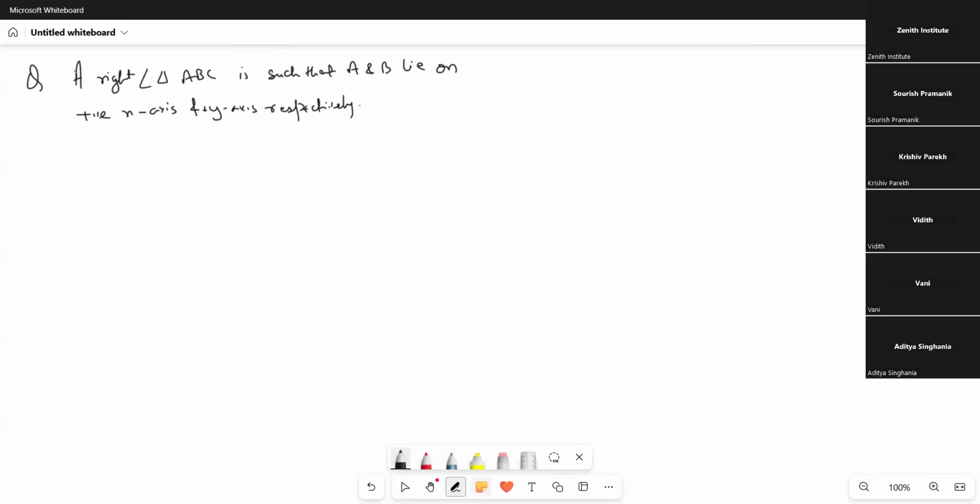Replace 'lie on' with 'move on', because it is a locus question so that will be more appropriate; 'lie on' makes them fixed points. A and B move on positive x-axis and positive y-axis respectively.